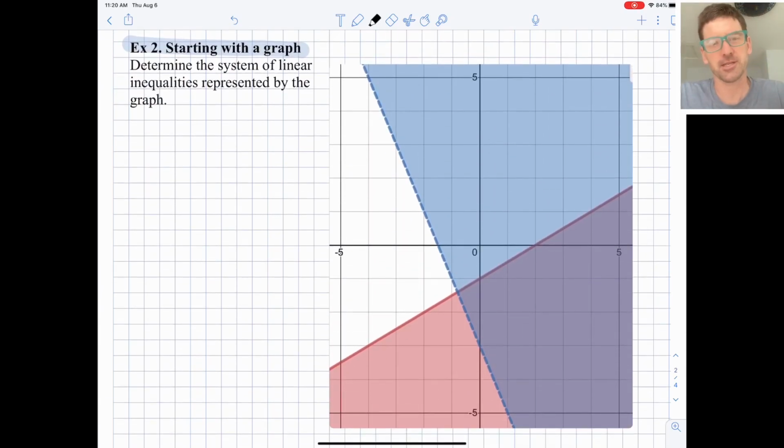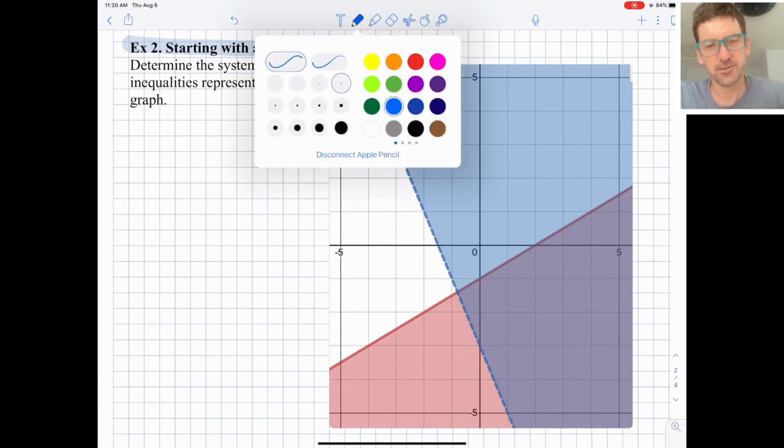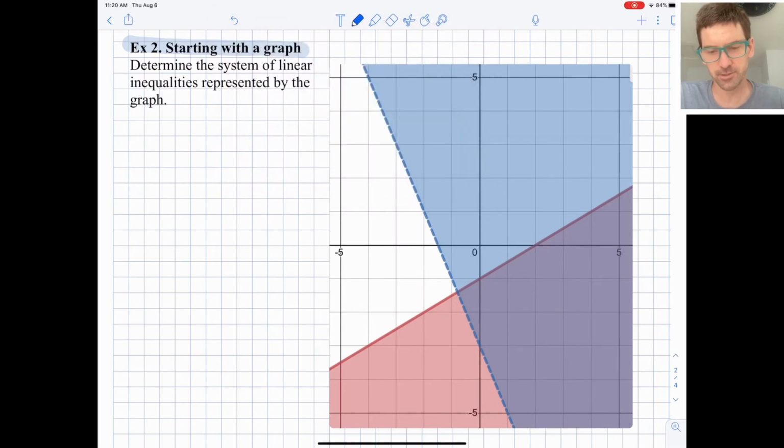So we're going backwards now. What if we have the graph and we're looking for the system of linear inequalities? We can keep color coordinating. Let's work on our blue equation first. It looks like we have a nice y-intercept down here, and it looks like we have a slope of -2.